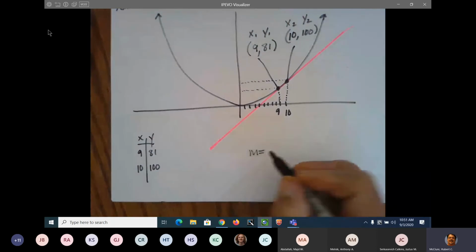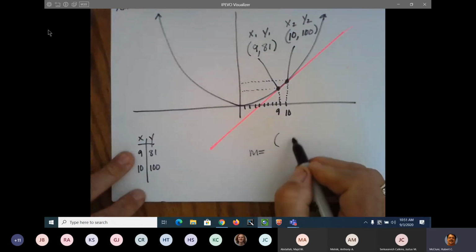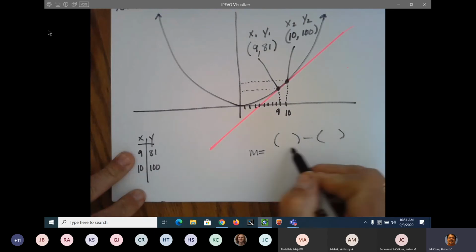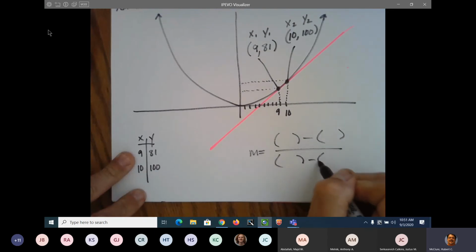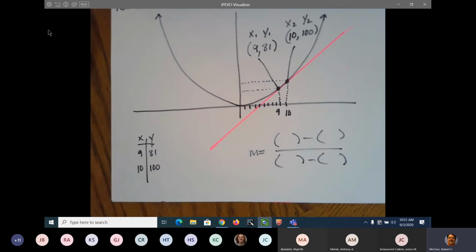m is equal to parentheses minus parentheses over parentheses minus parentheses.